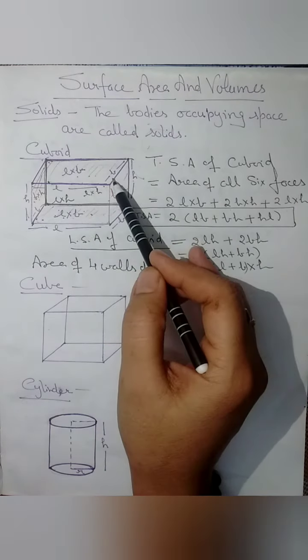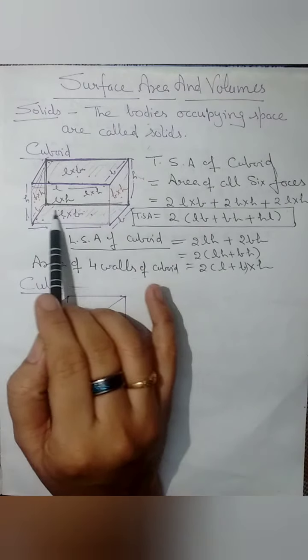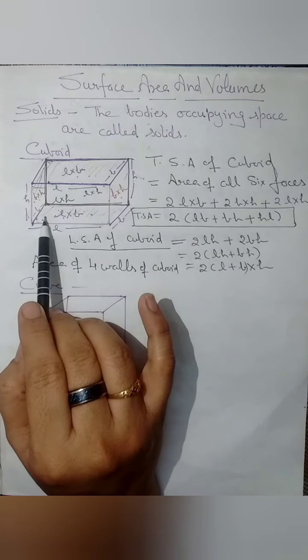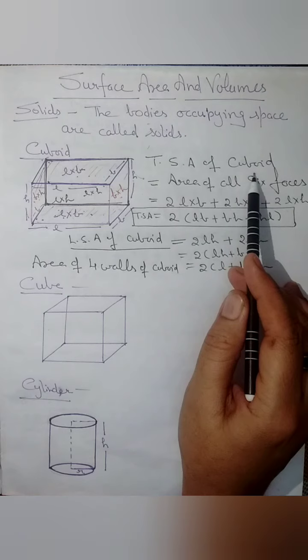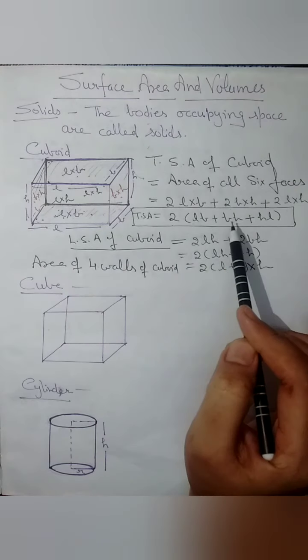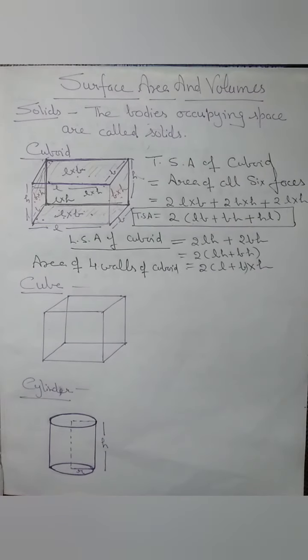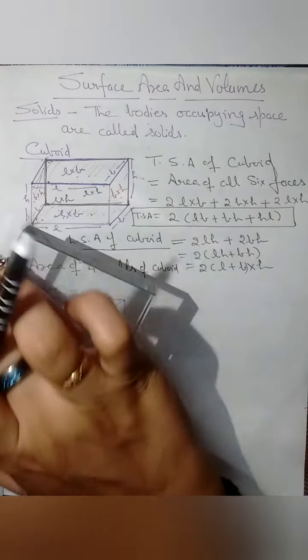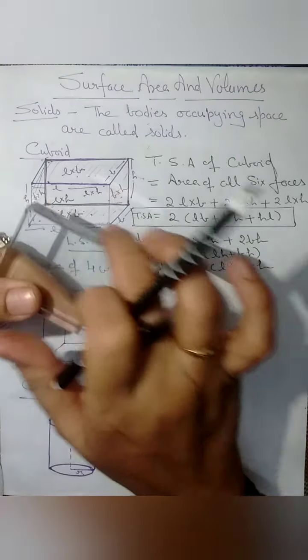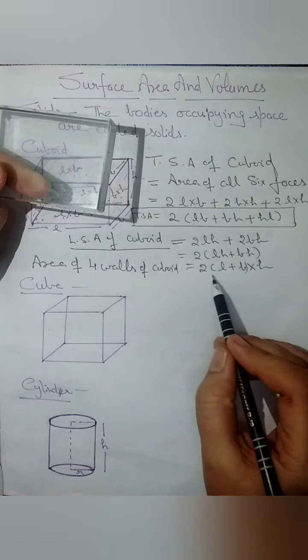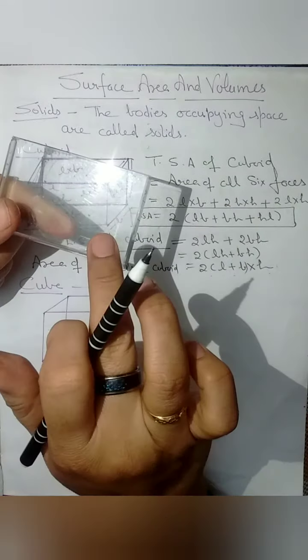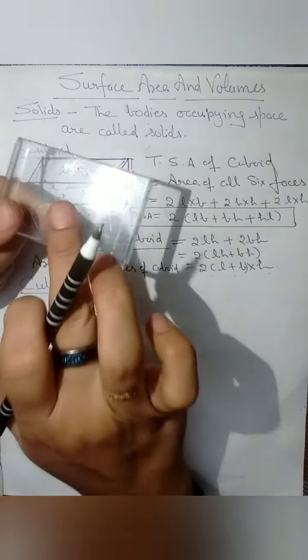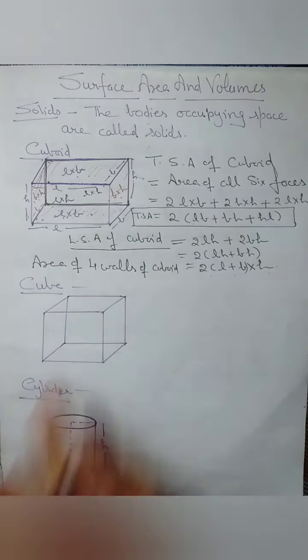Suppose it is said that you have to paint this rectangular box on all 6 faces, then we'll apply the TSA of the cuboid. But suppose it is said that you have to paint only the lateral surface area of this cuboid, then we'll use the formula 2 times L plus B, multiplied by H. And suppose you have to find the LSA and the top, then we will add the area of 4 walls plus the area of the top. In the same way for the cube.